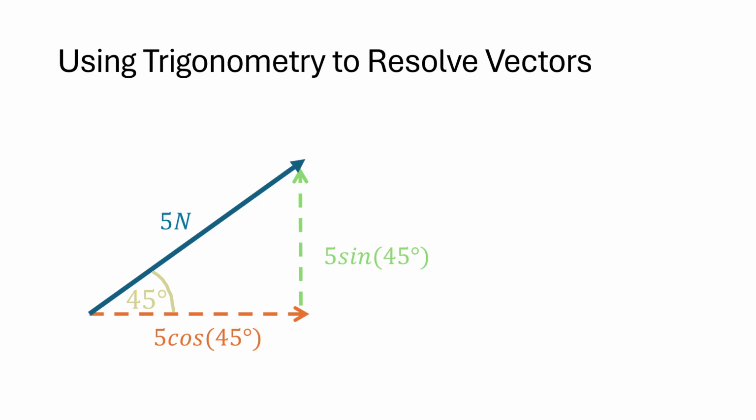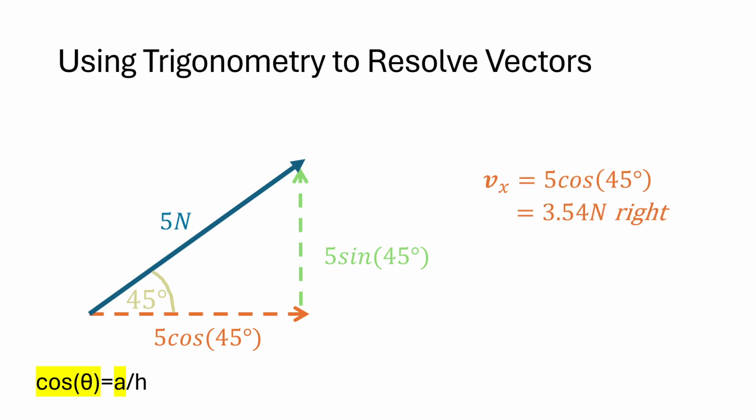And we can check that we're doing it right, as cosine theta is the adjacent over the hypotenuse, which means, okay, adjacent, that must have something to do with cosine. So it has to be h cosine theta, 5 cosine 45 degrees. Which means that for our vector, the horizontal component's 5 cosine 45 degrees, which is 3.54 newtons to the right.